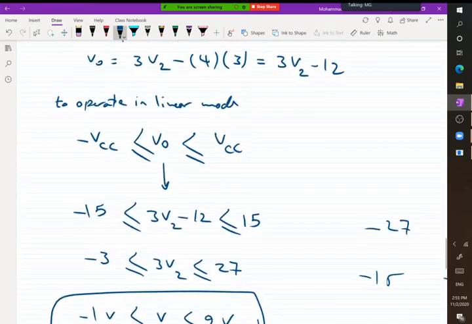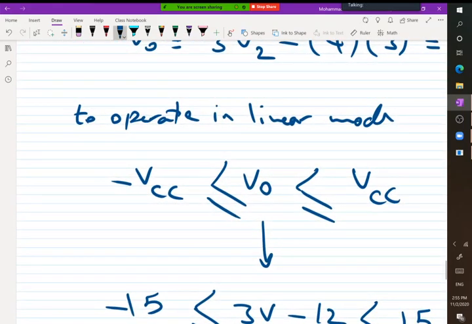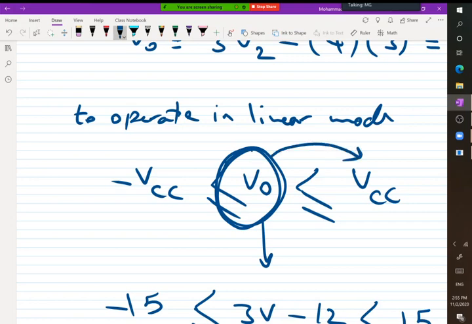I said that VO in any OpAmp circuit cannot go beyond positive VCC and negative VCC. It cannot be beyond these two values. So if VO is supposed to be greater than VCC, it will be VCC.